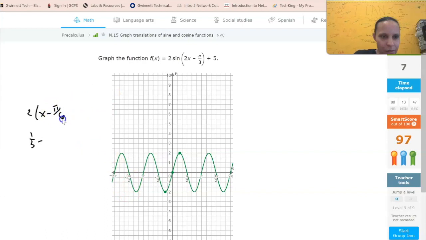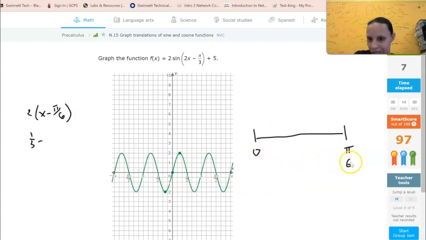So you just got to figure out how many boxes is pi over 6. So let's figure that out. So we got pi. All right, so here we go. We've got 0 here and pi here, which pi is going to be 6, like 6 sixes, right? So we got to split this up to where we have 6. 1, 2, 3, 4, 5, 6, because 6 sixes will be the 6, right?